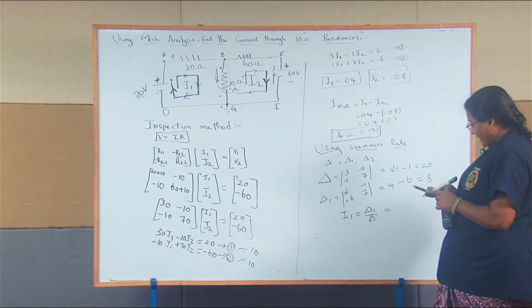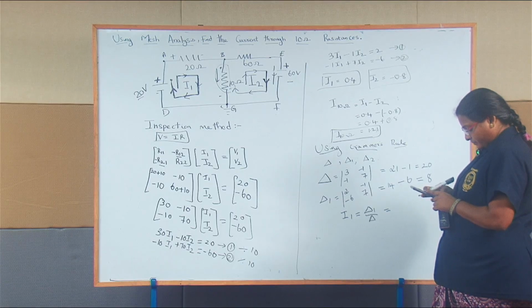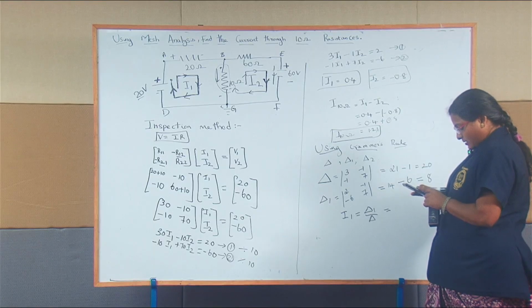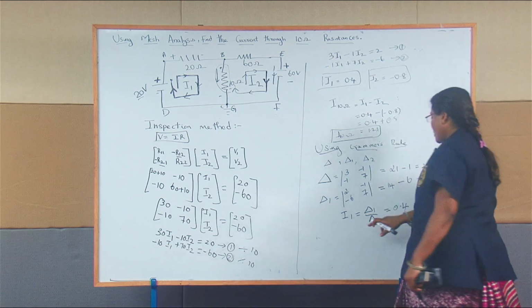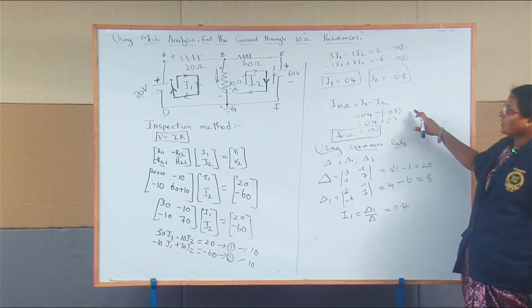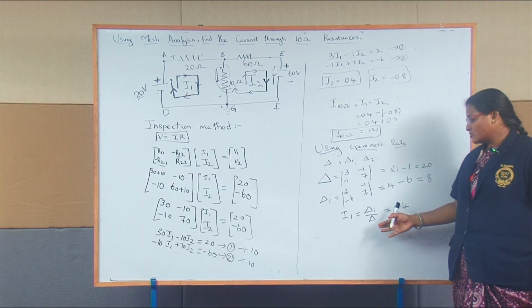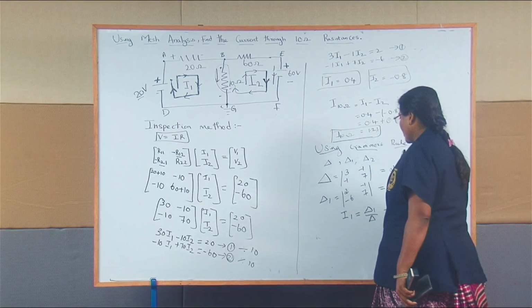So if you divide 8 by 20, it will become 0.4. So I1 is 0.4. Whether you use KVL, the inspection method, or Cramer's rule, the values are the same. So 0.4 is your I1.